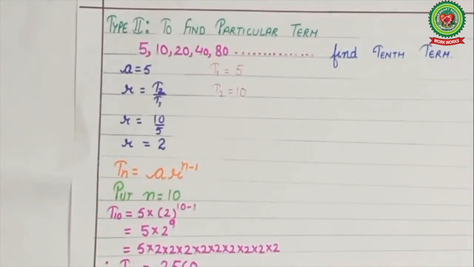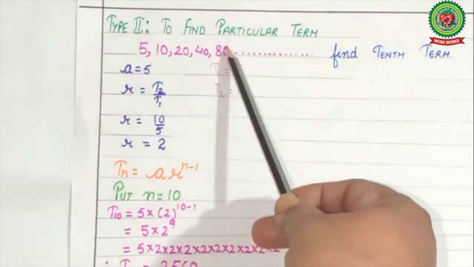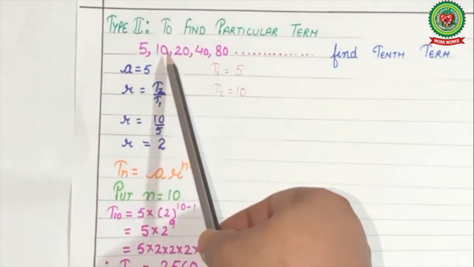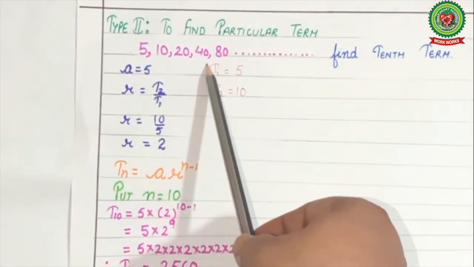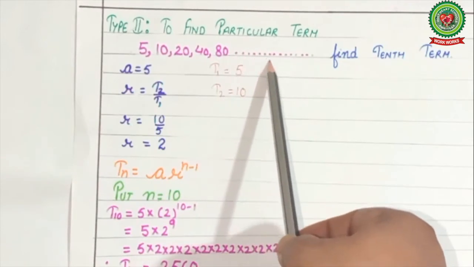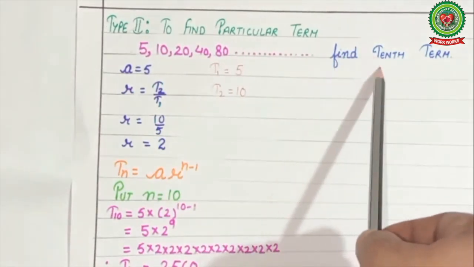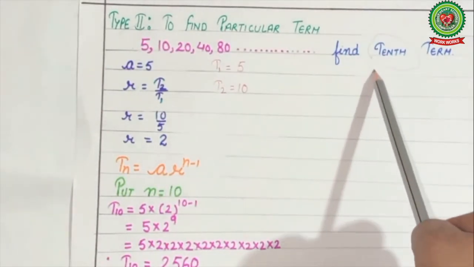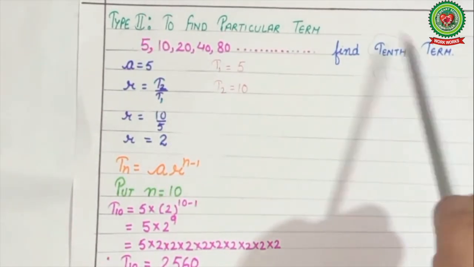Now second type: to find a particular term. So we can find a particular term by the general term formula. So I am taking one example for that. 5, 10, 20, 40, 80 and so on. Find the 10th term. 10th means n is equal to 10.